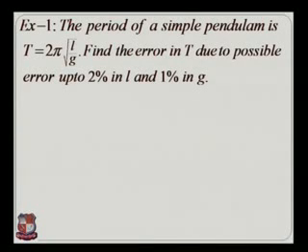Now, we discuss the first example. The period of a simple pendulum is T equals 2 pi root of L by g. Find the error in capital T, that is the period, due to possible error up to 2% in the length L and 1% in g.